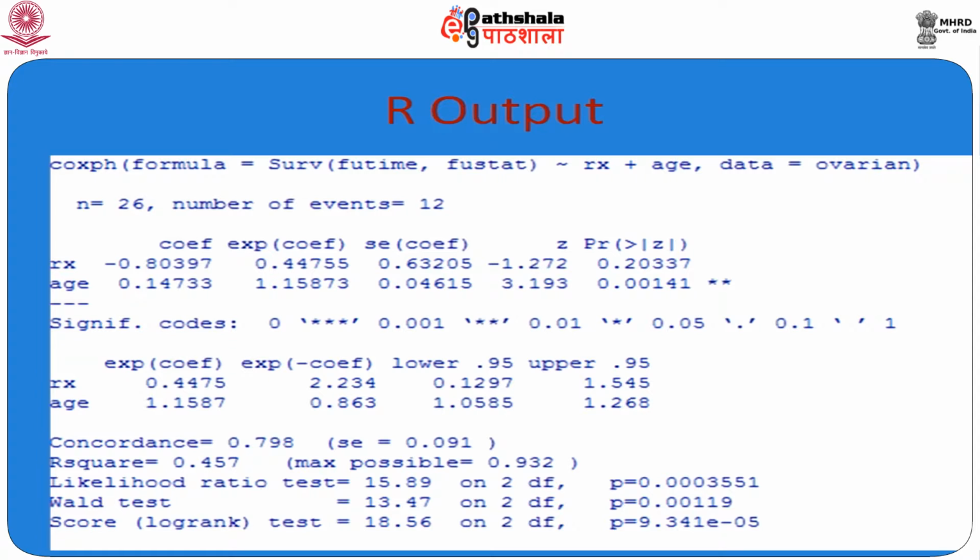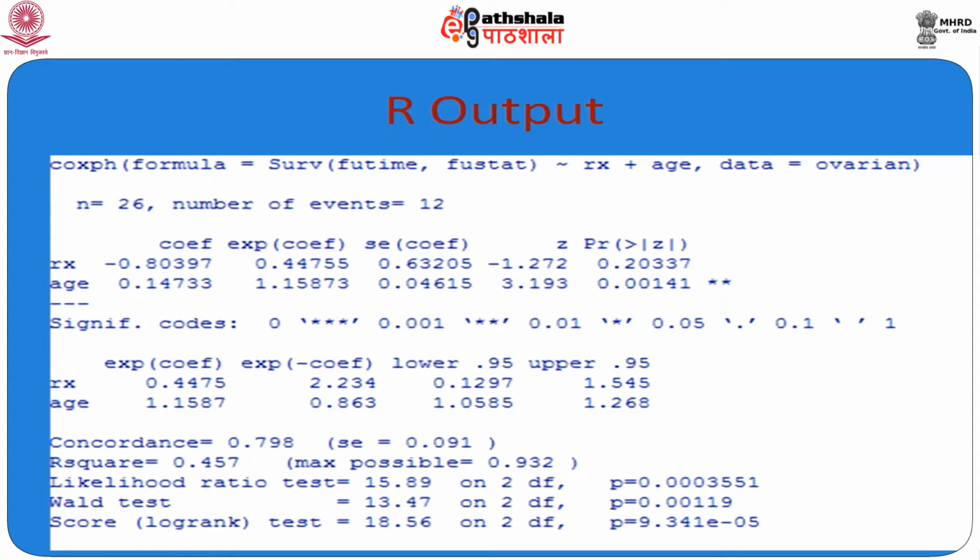Now, we are applying this Cox proportional hazard model with our 2 factors, Rx and age, and the coefficient of Rx is coming as minus 0.80397, and for age it is plus 0.14733. Here it is better to consider the exponential of the coefficient than only the coefficient value, because the exponential of coefficients gives us the odds ratio value for that specific factor.